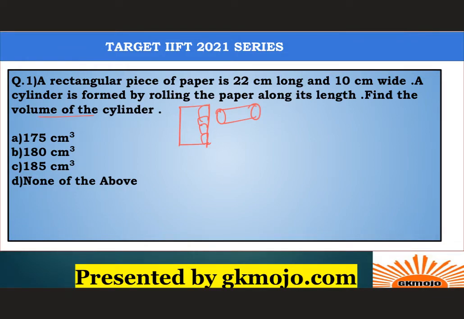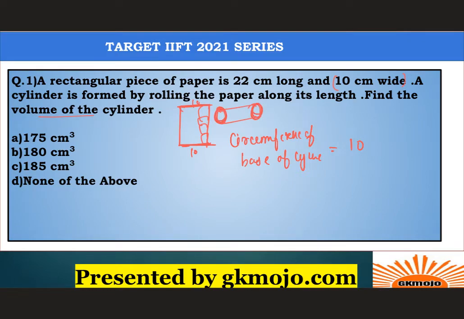First of all, the circumference of the base of the cylinder will be 10, because it is 10 centimeter wide. This part is 10, and this would be forming the circumference of the base of the cylinder.